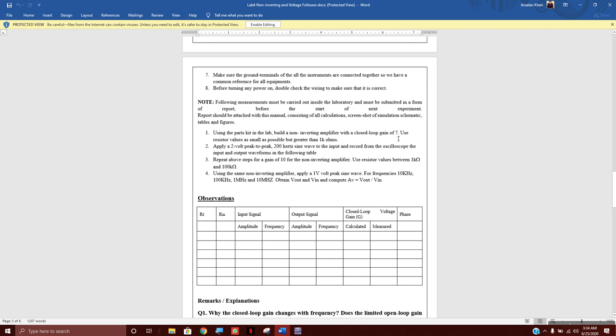Now we just saw a gain of 10. You have to make a non-inverting amplifier with gain 7. And resistance greater than 1 kilo ohm, because just like last time I told you about input impedance, so better greater than 1 kilo ohms. But use as small as you can.